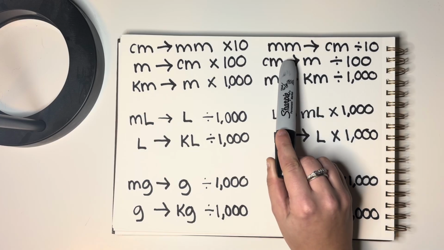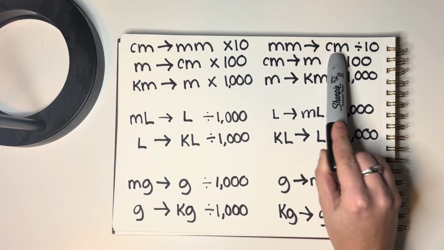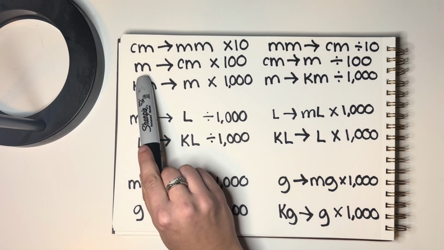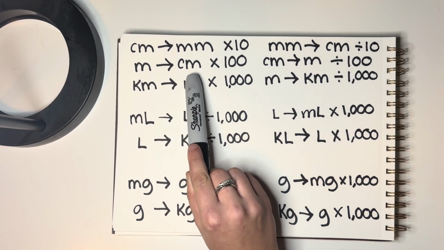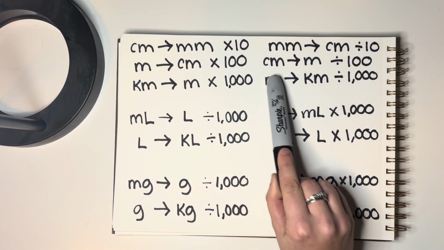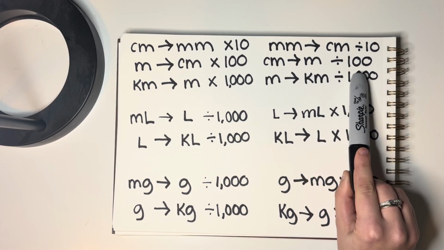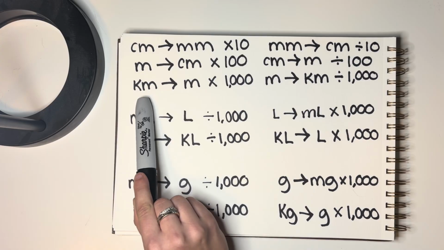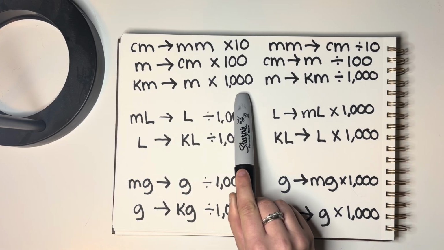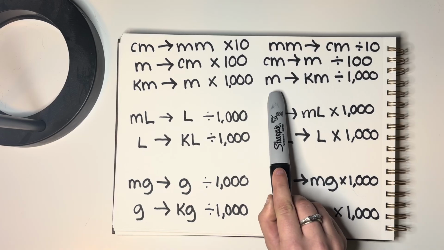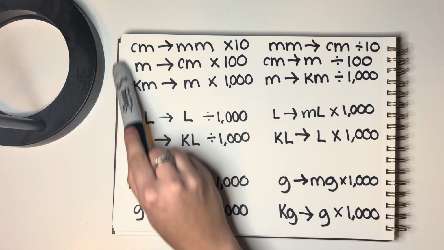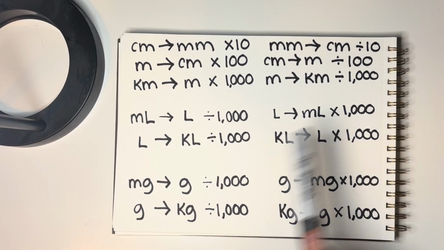And to do the opposite, to go from millimeters to centimeters, I would divide that value by 10. To go from meters to centimeters, I would multiply that value by 100. To go from centimeters to meters, I would divide by 100. To go from kilometers to meters, you would multiply by 1,000. And to go from meters to kilometers, you would divide by 1,000. So these are our units for length.